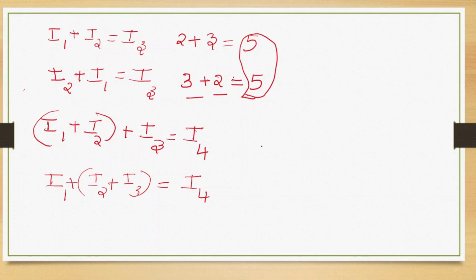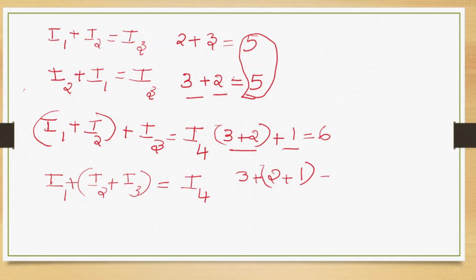For example, we add 3 plus 2, it's a group, plus 1. 3 plus 2 is what? 5. 5 plus 1 is what? 6. Again we add 3 plus 2 plus 1.